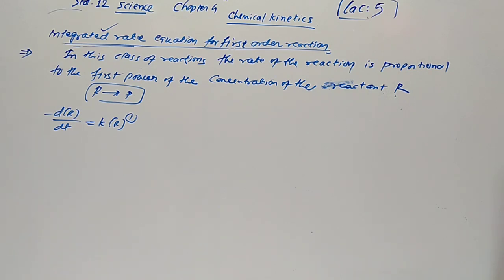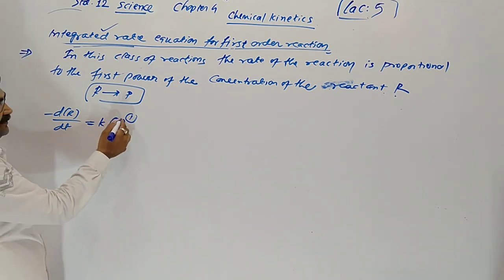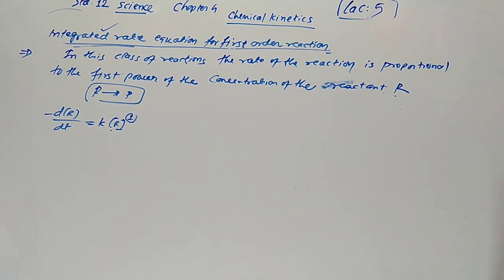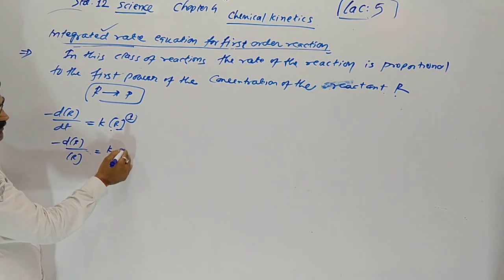R gives P. d[R]/dt means rate of reaction, k is the rate constant, and [R] is the concentration of R raised to 1, meaning first order. Now we simplify: [R] comes here, d[R]/[R], with nothing raised meaning power 1, and dt goes there, so k dt.